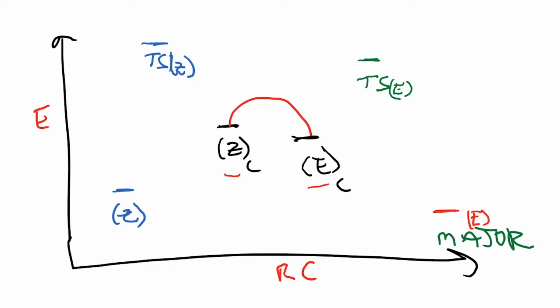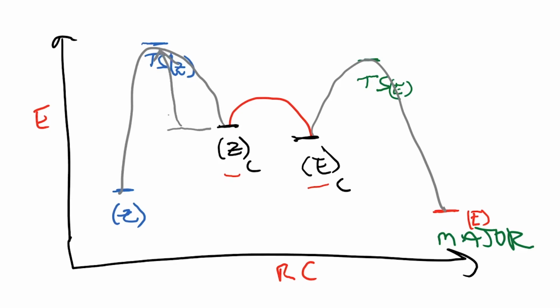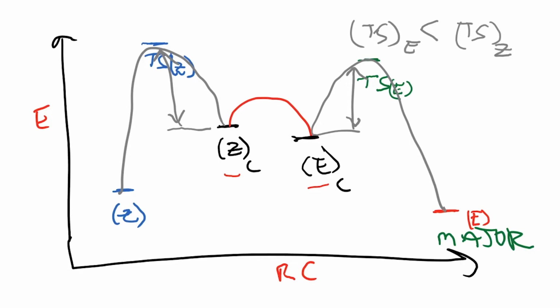And now if I draw out an energy profile, what emerges is that you're going to have a transition state that is of lower energy when compared to the Z. Okay, so therefore what we can understand from this is that the transition state of E has lower energy, or is more stable, compared to the transition state of Z, right?